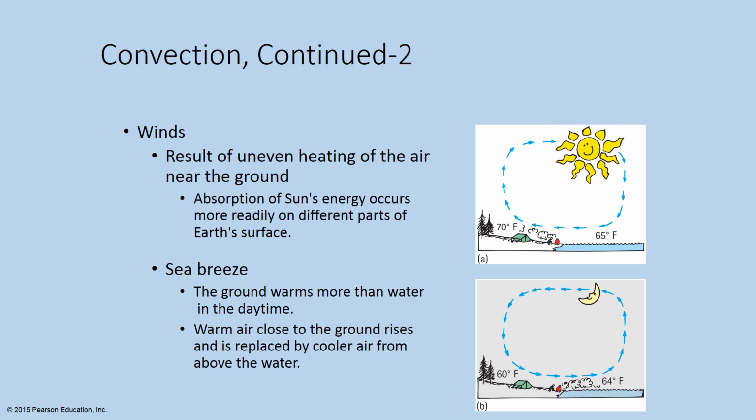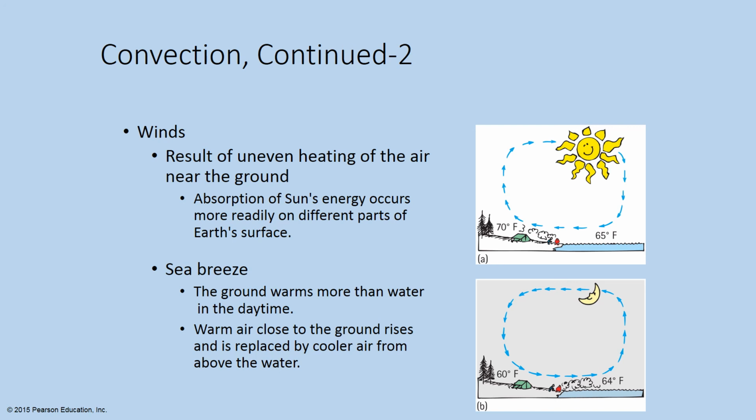As this happens, the cooler air from the sea rushes in to fill that void, and the circulation of air in the daytime occurs from an onshore breeze, which brings the air from the ocean directly over the land, and we have a breeze that is pushing inland.